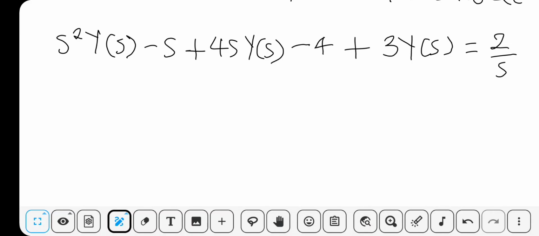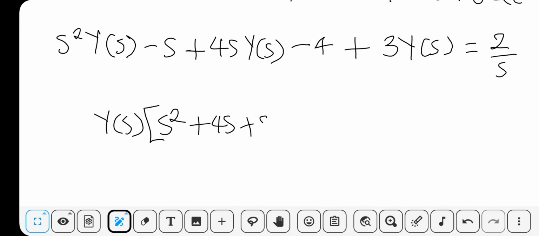Factorizing, you can collect like terms and factorize. You have s squared plus 4s plus 3 is equal to 2 over s plus s, moving s to the other side since it doesn't have Y of s, and then plus 4.